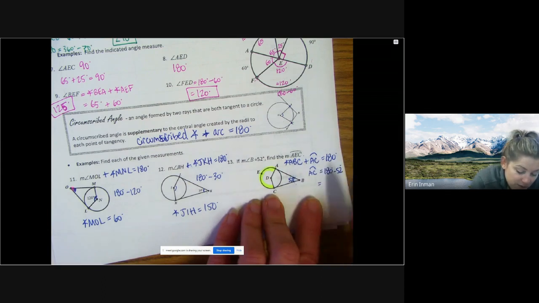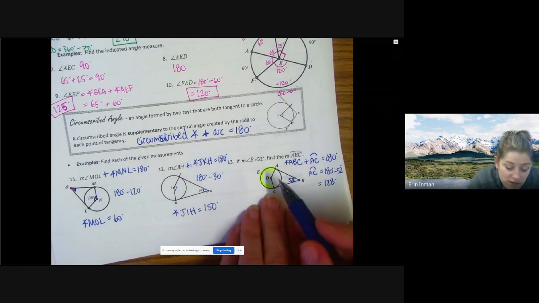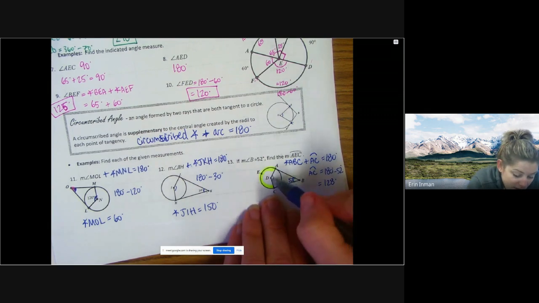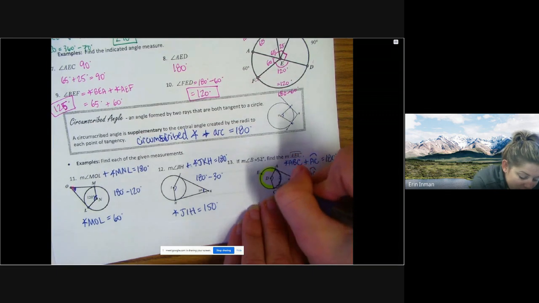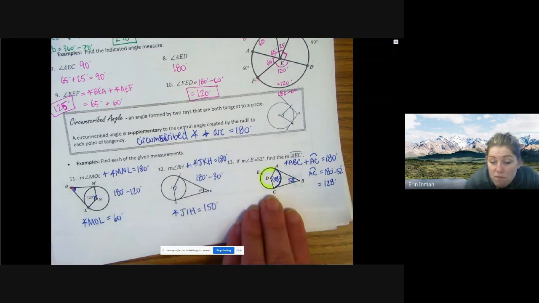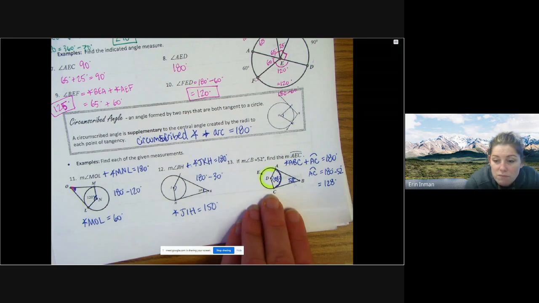And so that's going to be 128 degrees. So I could say, okay, this angle is 128 degrees and this arc right here is 128 degrees. Both of them. The central arcs are equal to the central angle that forms them. All right, so now that's not what we were asked.